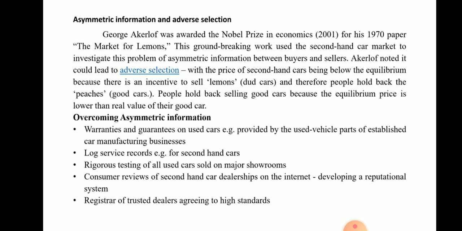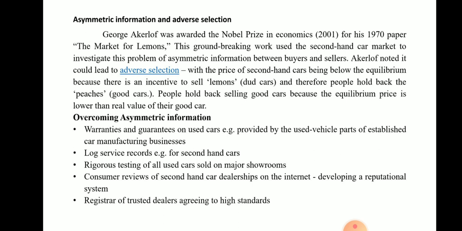Overcoming asymmetric information. How can we overcome asymmetric information? First one is warranties and guarantees on used cars. Second one is log service records. Third one is rigorous testing of all used cars.